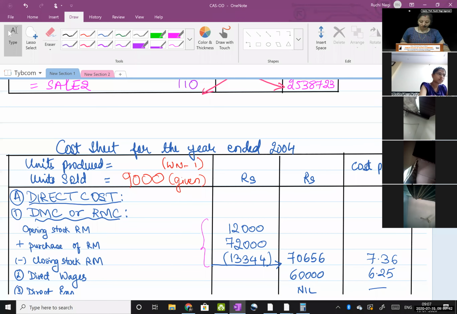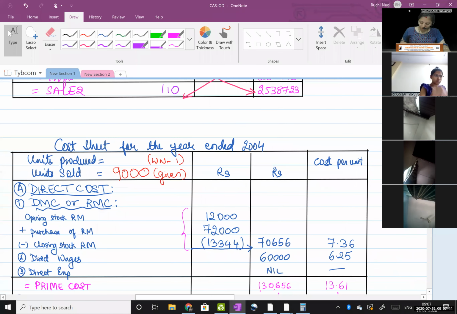Okay, make this cost sheet. Units produced, units sold, amount. We will make two columns, inner and outer, and then the last column, the CPU column, the cost per unit column.